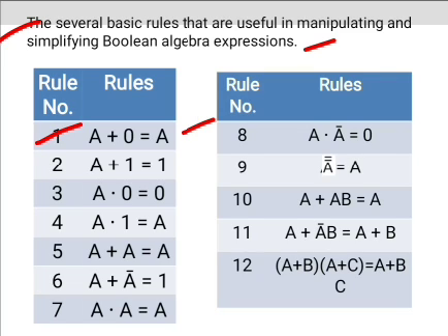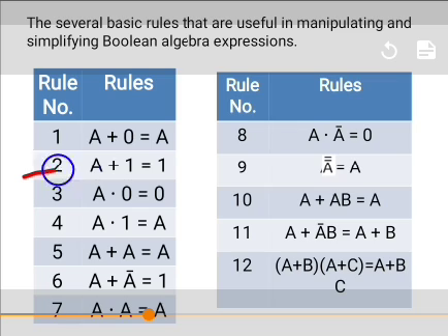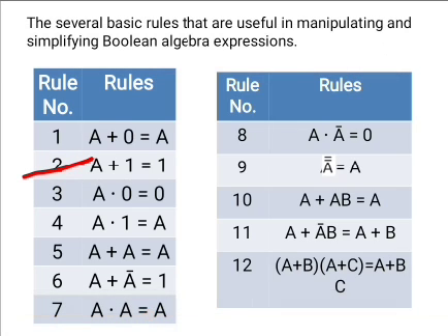That means A plus 0 equals A. Second one, A plus 1 equals 1. In this, when A equals 1, the output is 1, and when A equals 0, the output is also 1. That means A plus 1 equals 1.